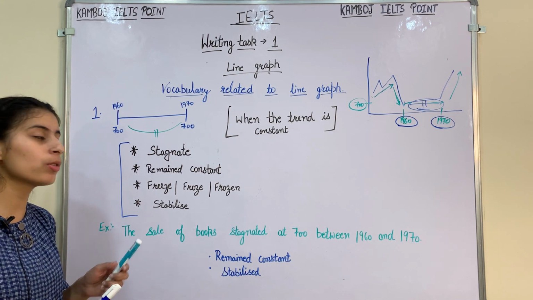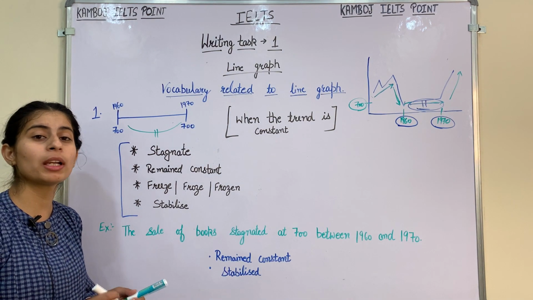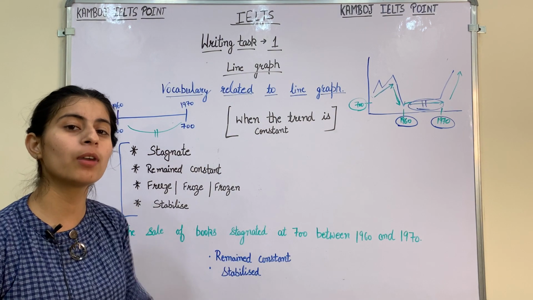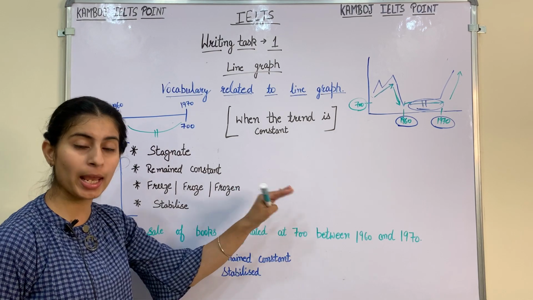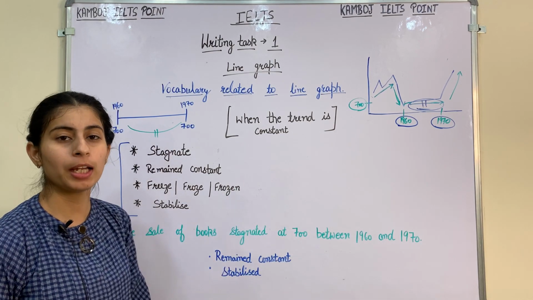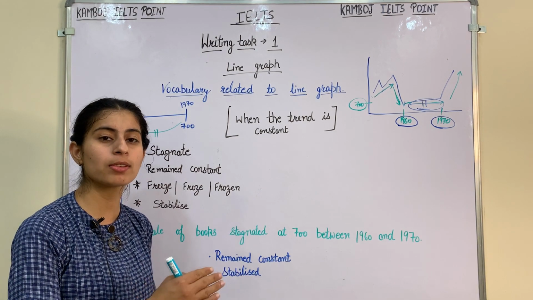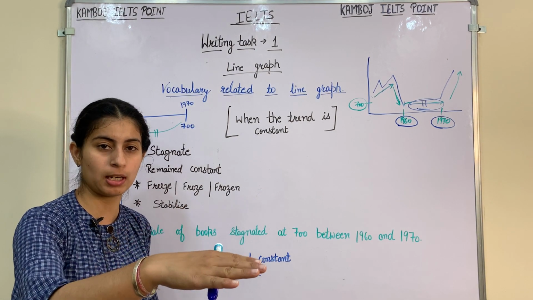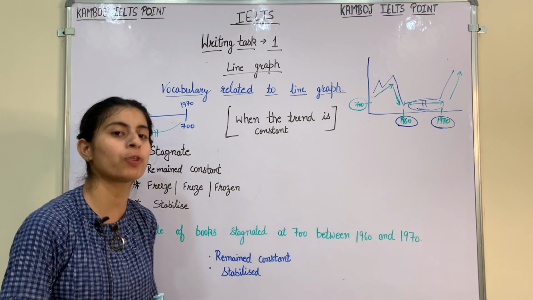And I'm gonna give you many different words to express this trend, because you will get such type of trends in one single graph and you might have to express the same trend again and again. Like there might be 4 lines and in each and every line you might have some trends which will be constant. So you have to use different words to express the same type of trends.